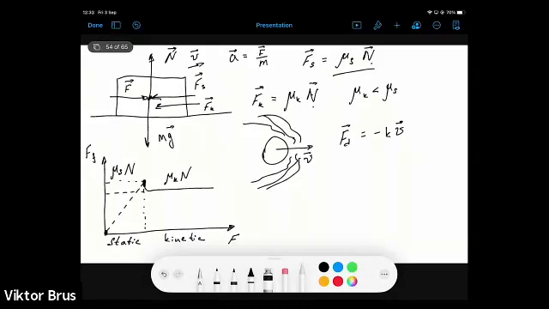However, if the speed of this body becomes quite high, then the drag force dependence on velocity becomes more intense, and it goes to another regime where the drag force at high speeds can be defined as minus K1, a bit different coefficient, because we have a different form of interaction between the flying ball and air.